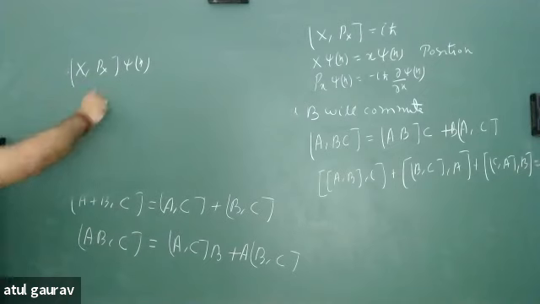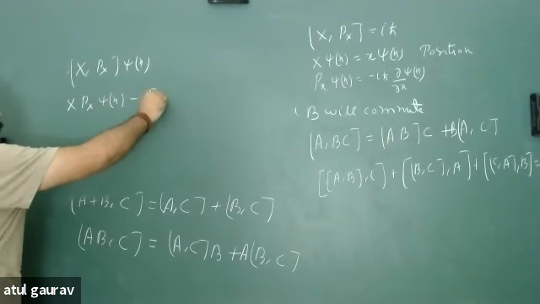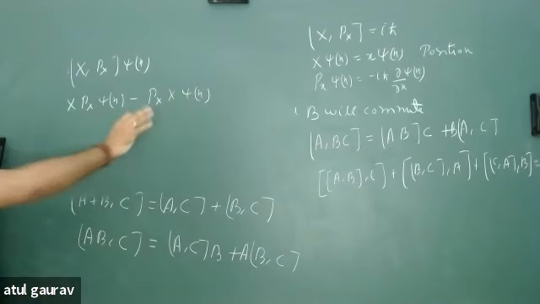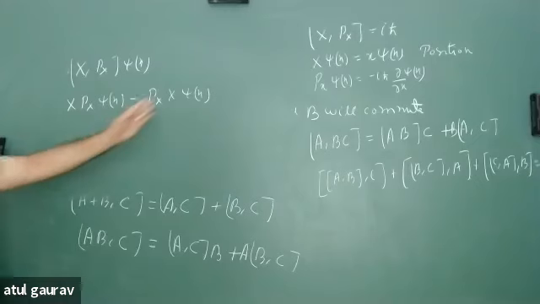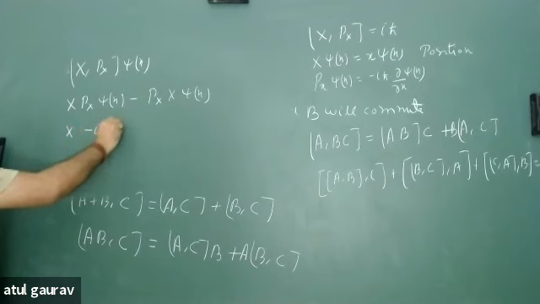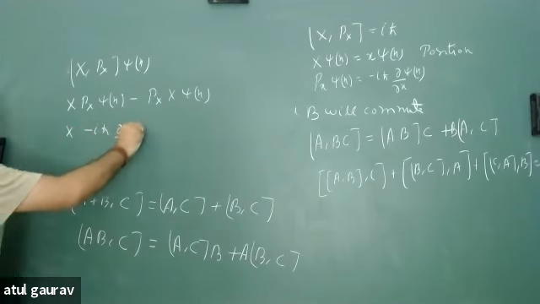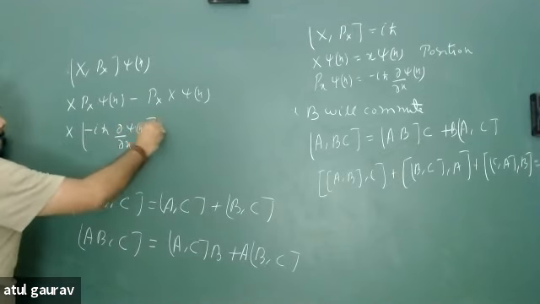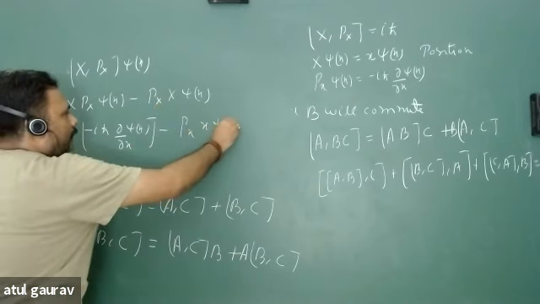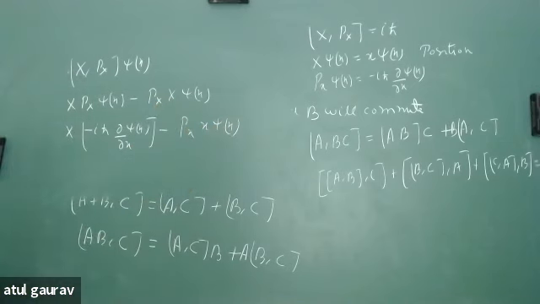You have the commutator of X and Px, so you can write X Px psi(x) minus Px X psi(x), and it is not necessary that it is 0. So Px psi(x) will be minus i h cut del upon del x of psi(x), multiplied by x, minus Px x psi(x) will be x psi(x). So this is the way the operator operates.